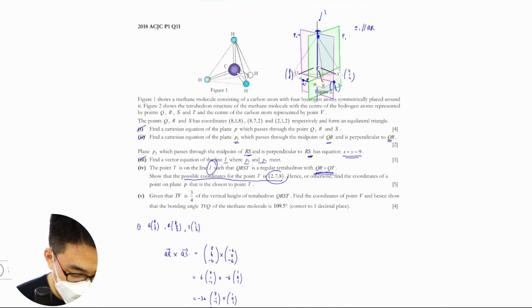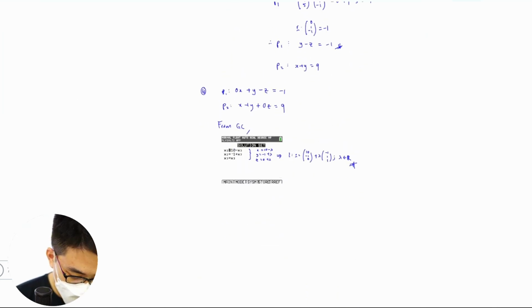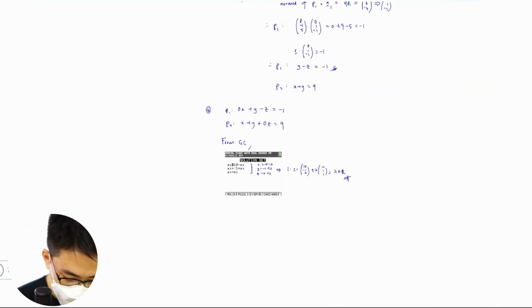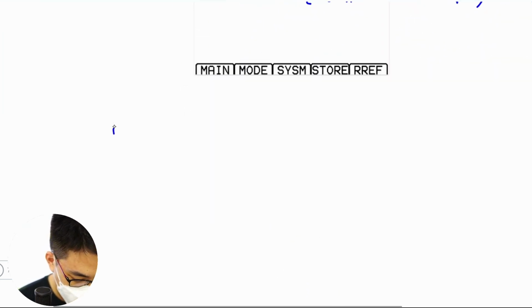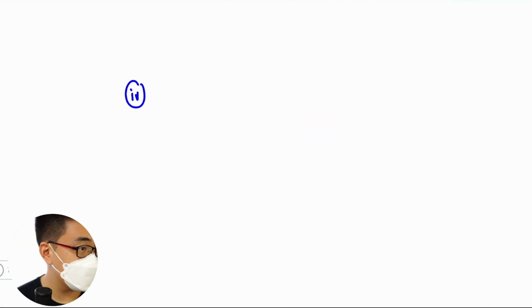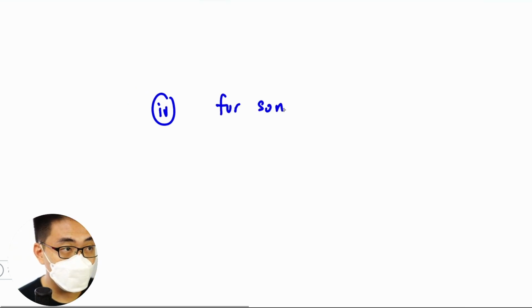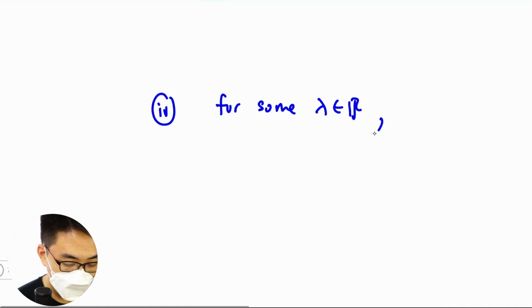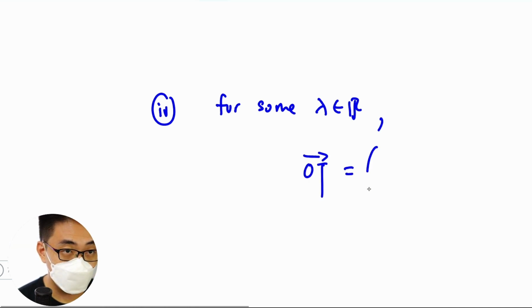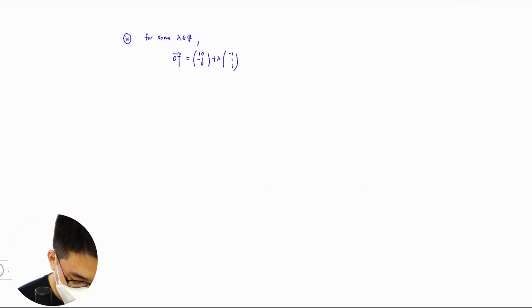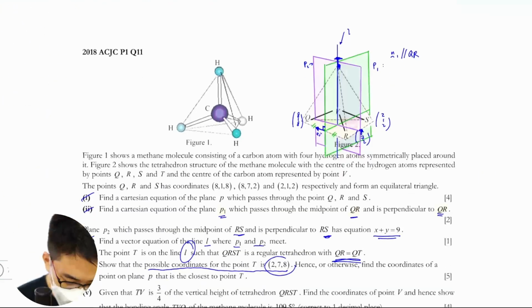So OT will take the line equation L. I'm going to do this part 4, maybe on another page. For some lambda, a real value, OT is equal to this. This is T, OT. We know that QR equals QT.